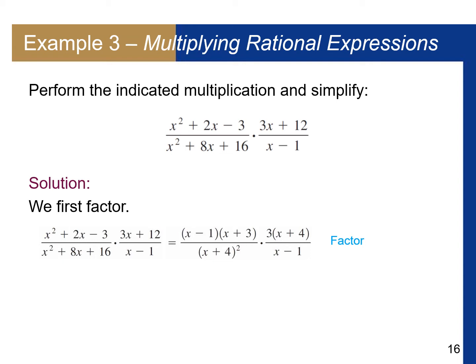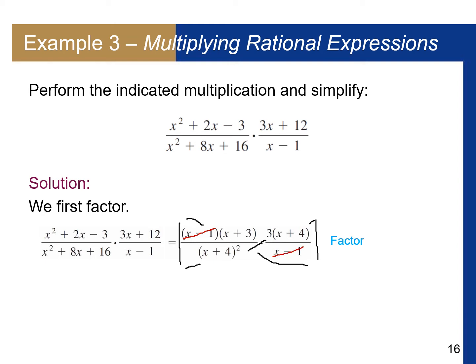Now, I want to take a close look and see what can I reduce. I can reduce either vertically or diagonally. I'm making my bow tie. Okay, so what can I reduce? Well, I see I have an x minus 1 here and an x minus 1 here.